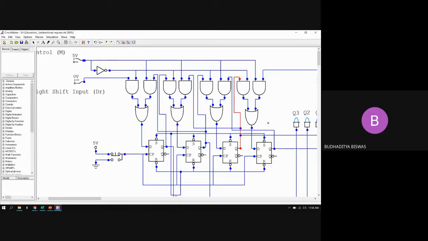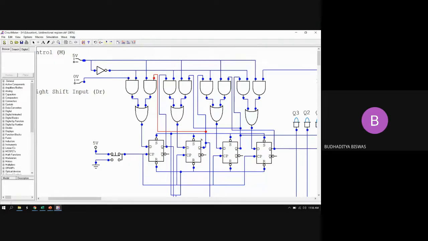And coming to this one, the last flip-flop output is connected to the other input of the previous section AND gate. Similarly, this one also, this one, and this one also.